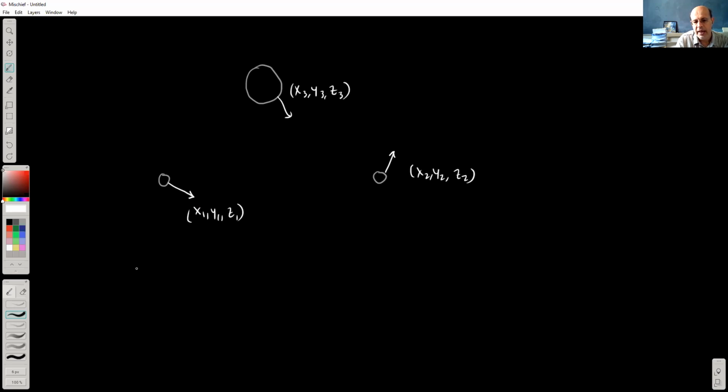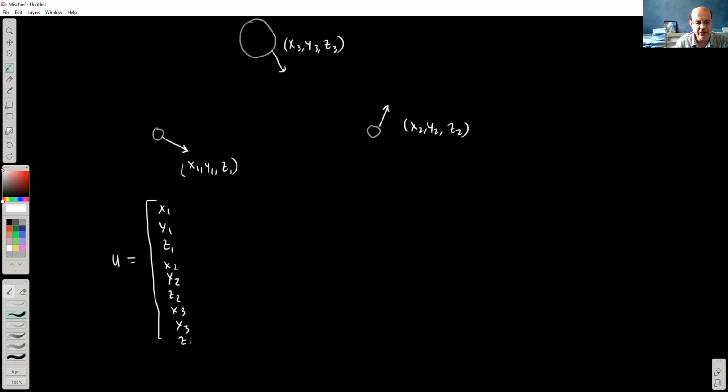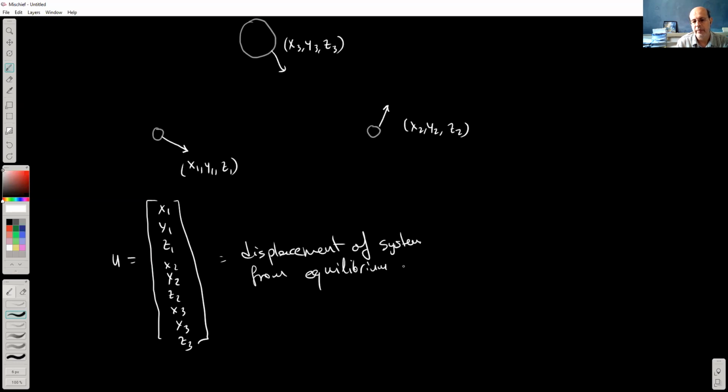I'm going to call this u. This is basically the displacement of the system from its equilibrium position: x1, y1, z1, x2, y2, z2, x3, y3, z3.